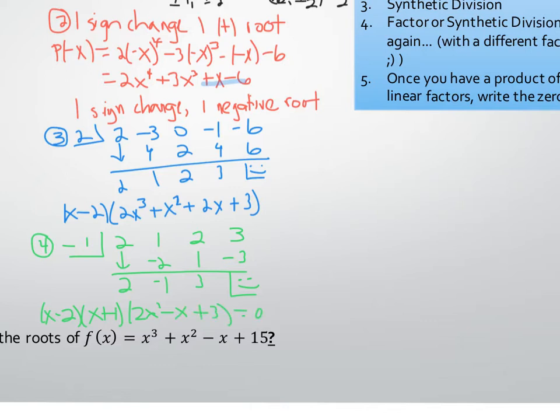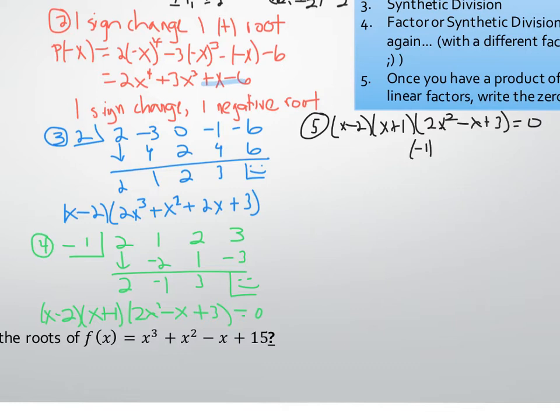Okay, so we have to solve that resulting quadratic. I know how a lot of you guys feel about factoring when the leading coefficient is not 1. So remember, you can do the quadratic formula if it would put your mind at ease, or you can try and factor it. Let's see here. I'm going to do the quadratic formula. So I'm going to do my discriminant.